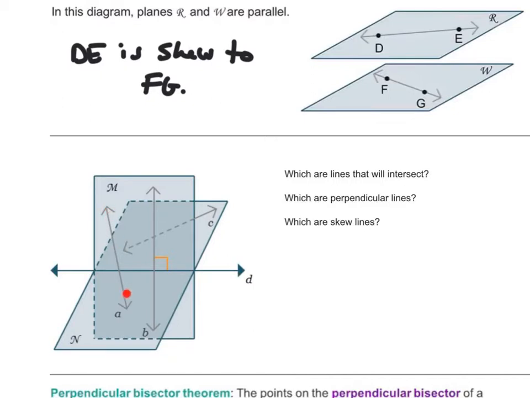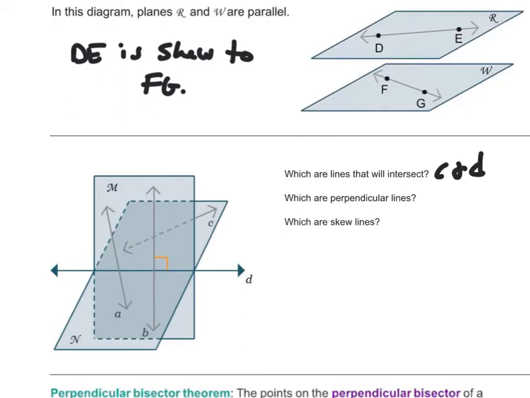Now what I know is that line A and line B are on plane M, and line C is on plane N. It says which are lines that will intersect. There are a bunch of different options here. If line C extends out this way, eventually it will run into line D, so C and D will intersect.